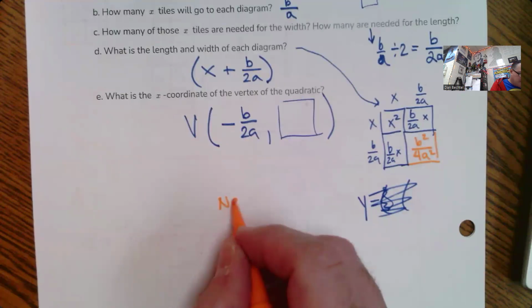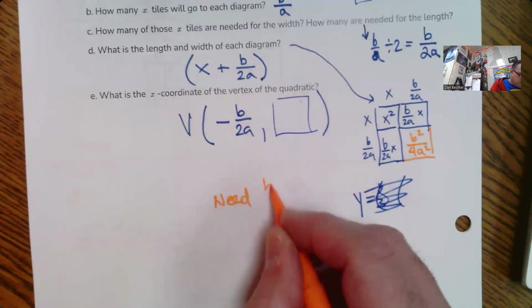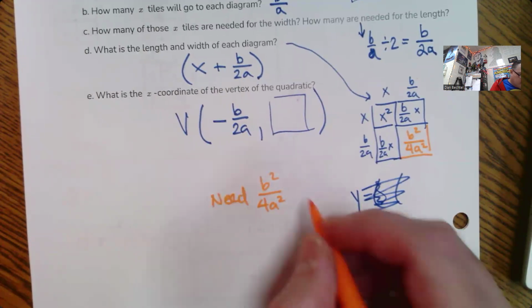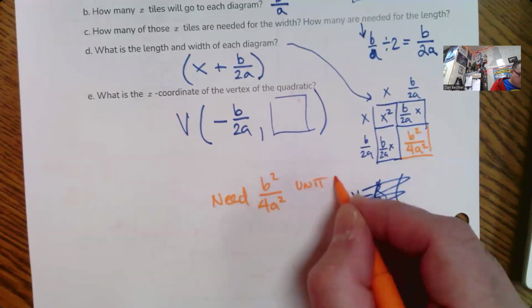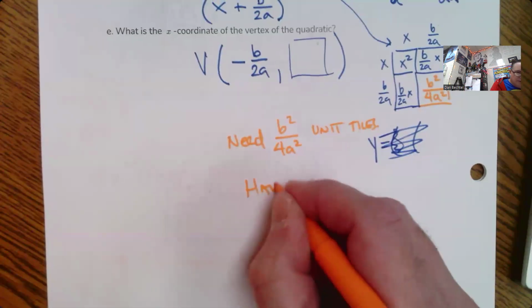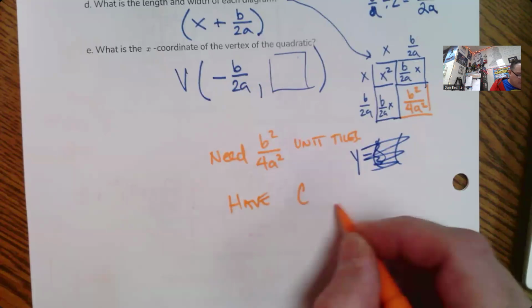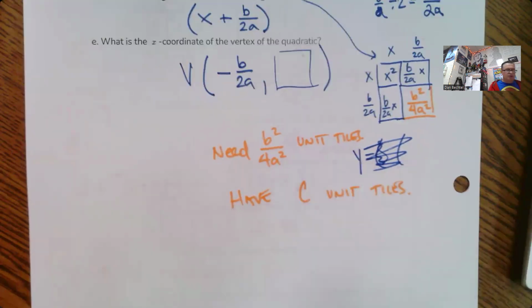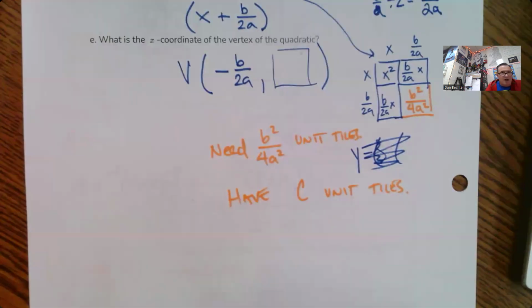So I need b squared over 4a squared unit tiles. I have c unit tiles. So really what I'm looking to see in terms of how many I'm going to actually need, because I don't know if these are positive or negative.